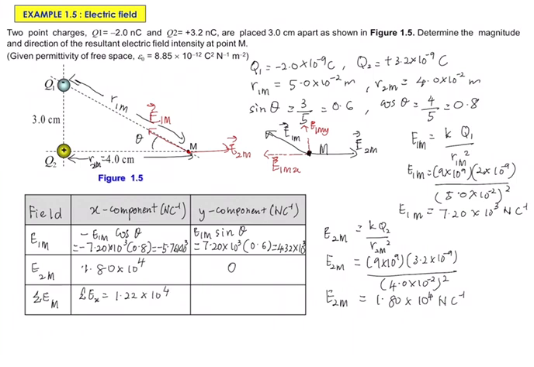And for EY, you have 4.32 times 10 power of 3. After you have done your table, next you can write down the magnitude.